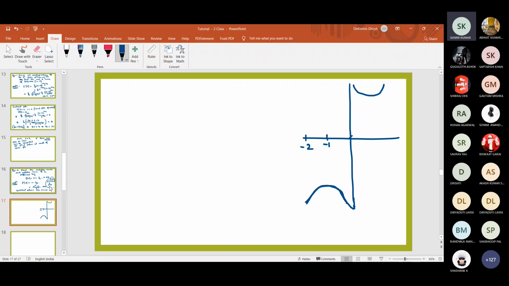So this is the interval we are going to consider, from minus 2 to 0, which contains the point minus 1. On the other side, we could not consider x equals 0, so of course we have to exclude that point.